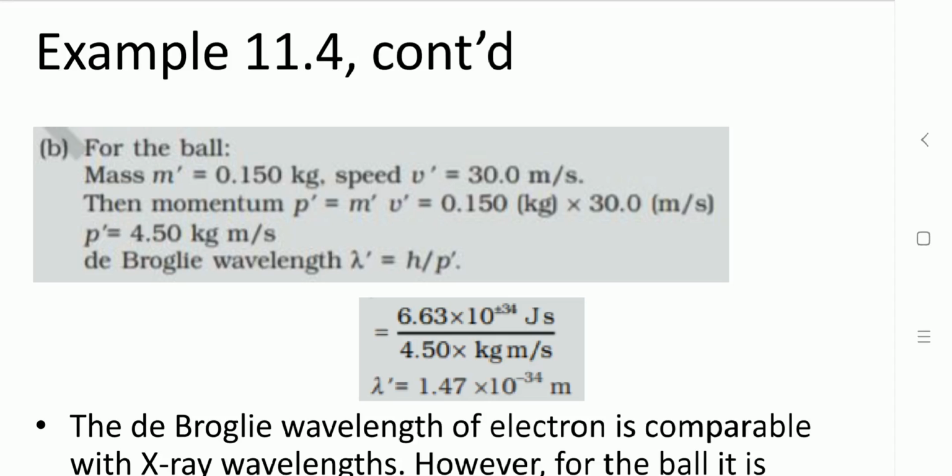Now substitute that momentum in the de Broglie wavelength lambda equal to h by p, so we have wavelength 1.47 into 10 raised to minus 34 meter. So we can say that the wavelength of the electron is comparable with X-ray wavelength, but the ball is about 10 raised to minus 19 times the size of the proton, and its wavelength cannot be measured practically or experimentally.